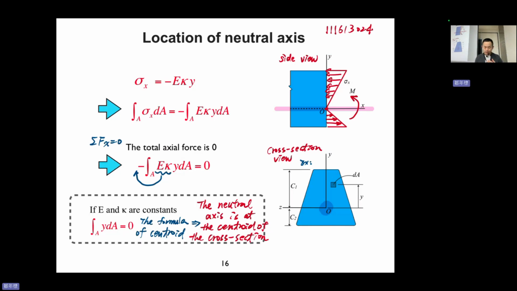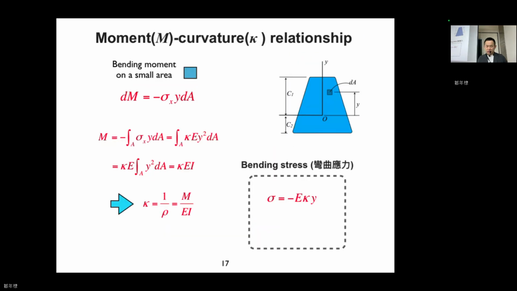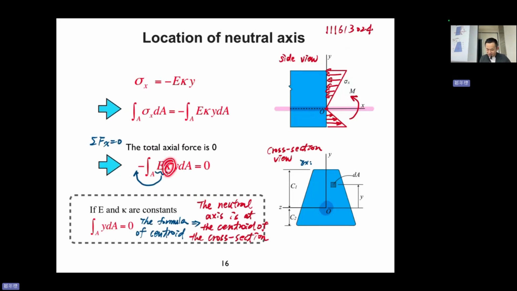So, the moment-curvature relationship. Why are we going to discuss moment and curvature? Because there's a curvature here. If you correlate the curvature and the M, you can correlate sigma x and M.